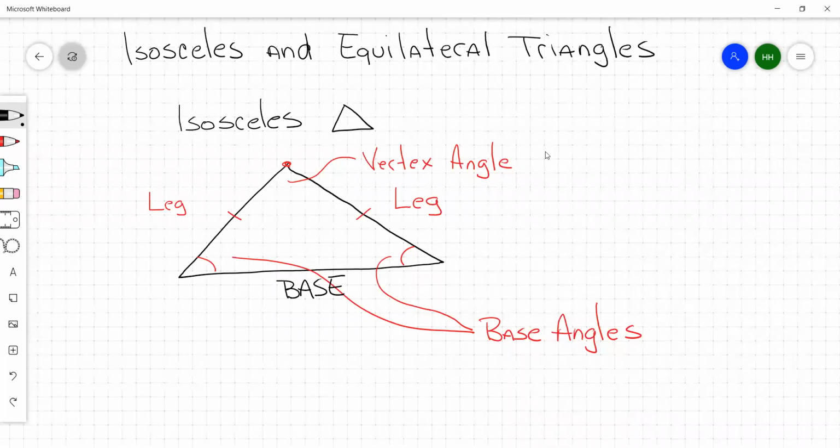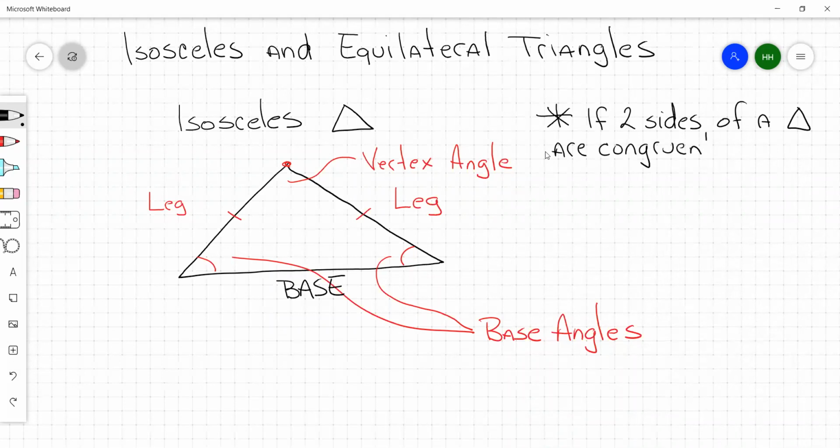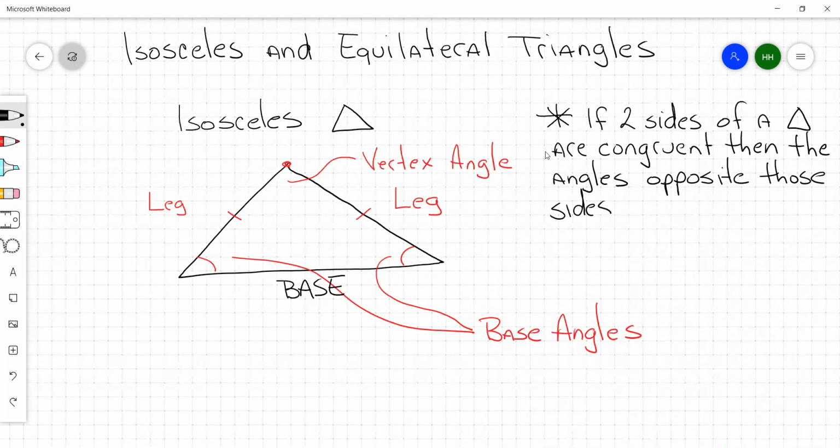It says that if two sides of a triangle are congruent, then the angles opposite those sides are congruent.